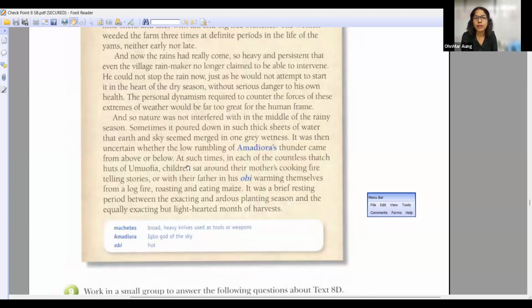They don't need to ask for help from the rainmaker to create rain. So it rains naturally. And so nature was not interfered with in the middle of the rainy season.